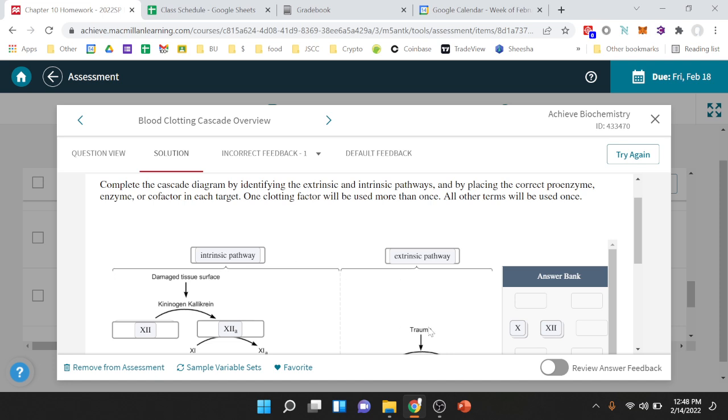This, on the other hand, is the extrinsic pathway, and that is going to be induced by some form of trauma, but that doesn't necessarily damage the surface, right? And so a bruise expresses itself, right? Hopefully that kind of helps.